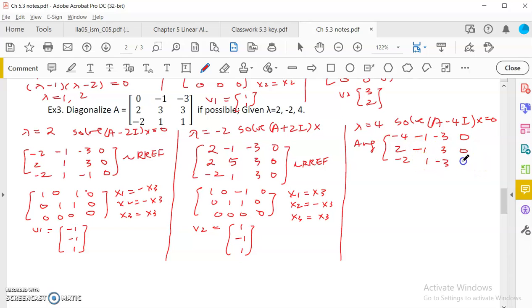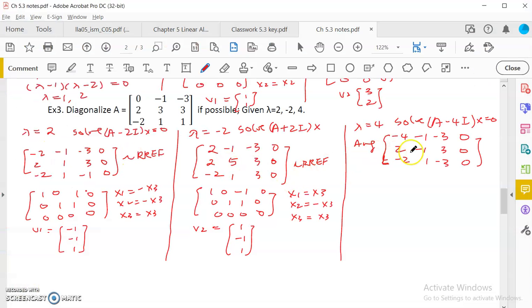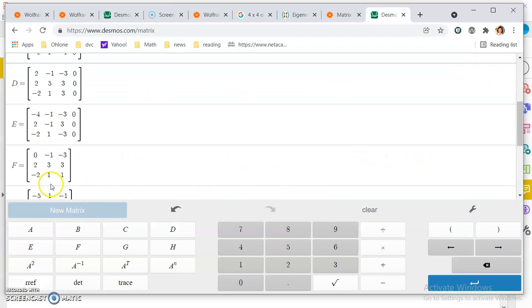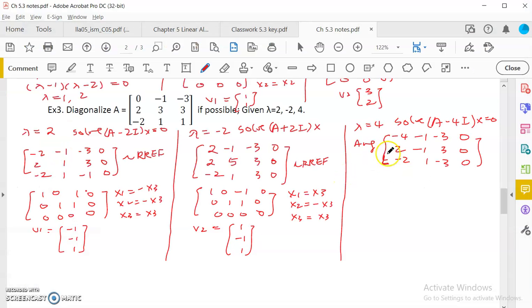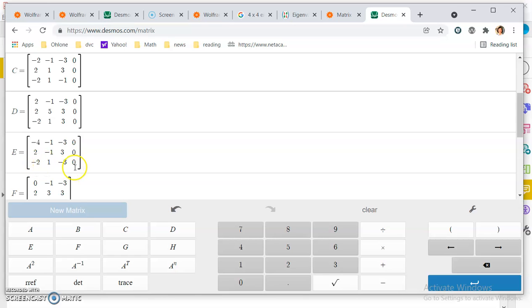See, these two are dependent, so there is a non-trivial solution. So I put it in here: negative 4, negative 1, negative 3, 2, negative 1, 3, negative 2, 1, negative 3.